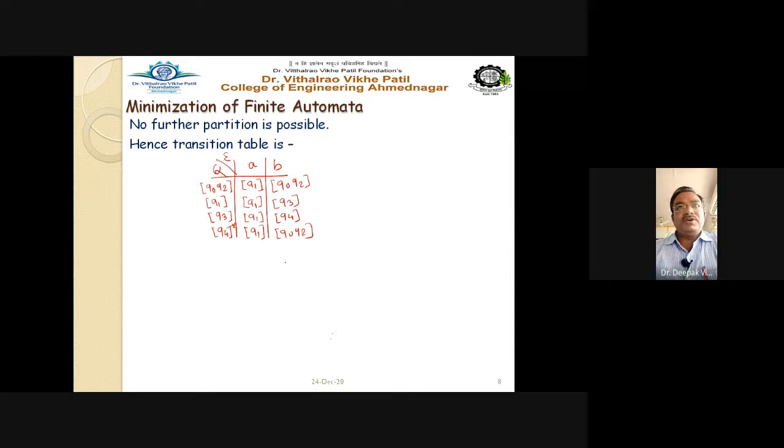And this particular transition for Q0, Q2, we have written from our transition function. So Q0, Q2 on input A goes to Q1 itself. Already we have seen the transition function for this. And Q0, Q2 on input B goes to Q2, as well as Q0 goes to Q2. That's why Q0, Q2.